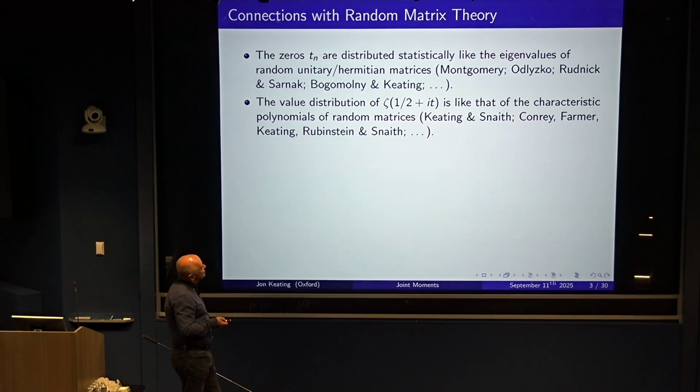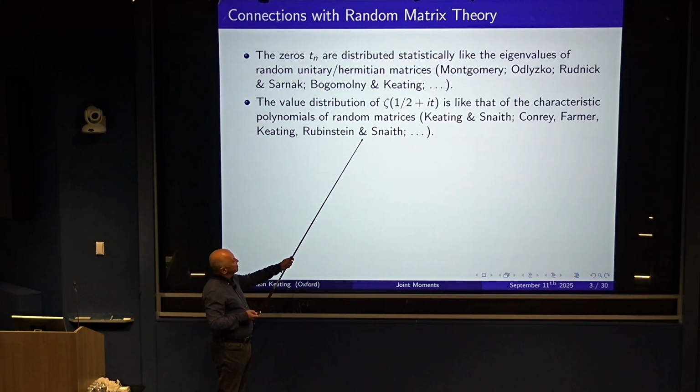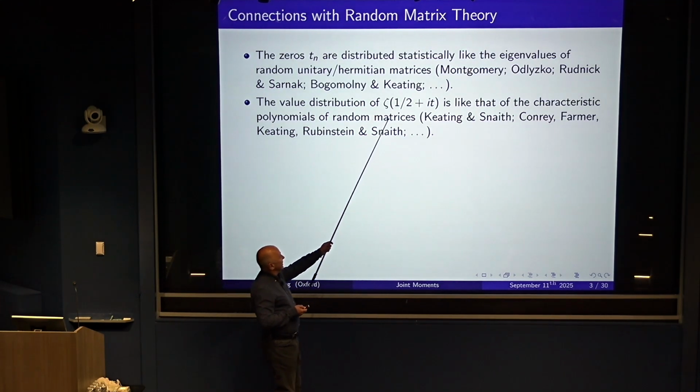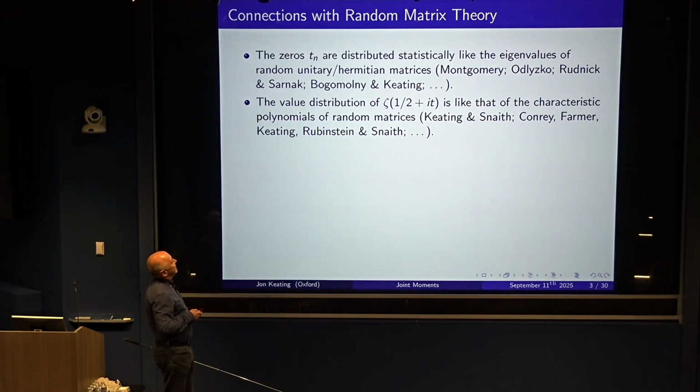So one application of that philosophy, if you like, is that the value distribution of the Riemann zeta function on the half line, on the line where the Riemann hypothesis places the zeros, is meant to be like the characteristic polynomial of a random matrix. And again, many people have contributed to this story, and I won't repeat the whole history, although I'll say a little more later on just by way of background.